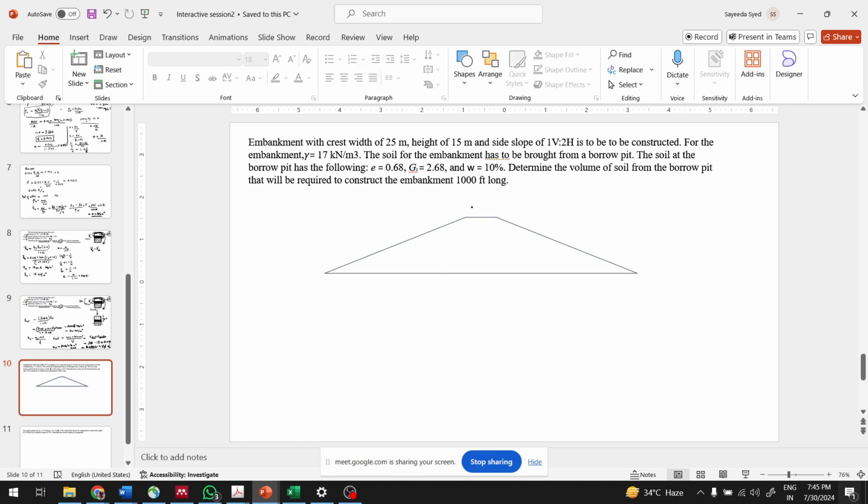This is 25 meters. Height is 15 meters. And this is one vertical, two horizontal. So let's calculate the length of the base.